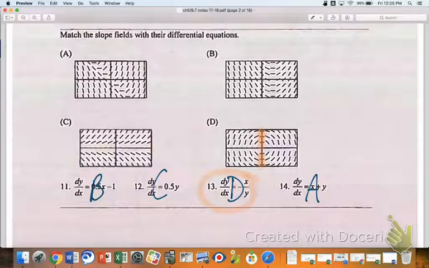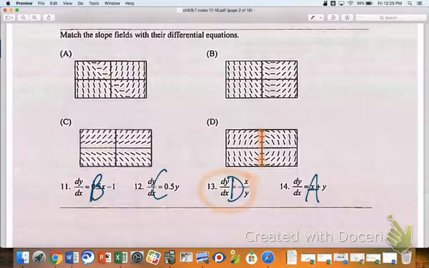So you can pick out some distinctive points and try to match those up with your differential equation and slope field. Given enough time, you should be able to confirm all of these, right? There's always going to be some time element in a quiz or a test, but given enough time, you plot a few points, you should be able to get to that spot where you're like, okay, finally figured it out. That's it, right?